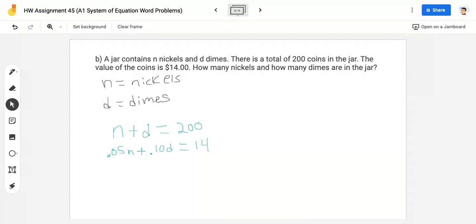And remember that this equation is the number of coins and this equation is the amount of money. And that is our system. Now that is a system that you can solve. You can use substitution, you can use elimination, whatever strategy you'd like to use can be used here.